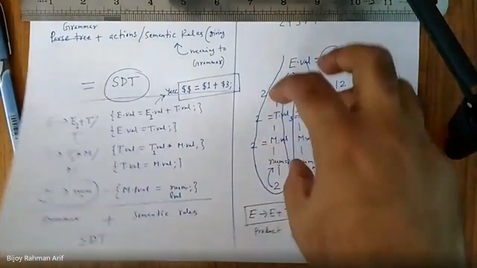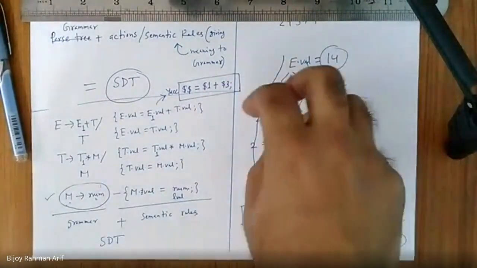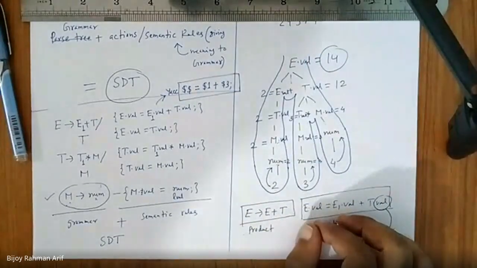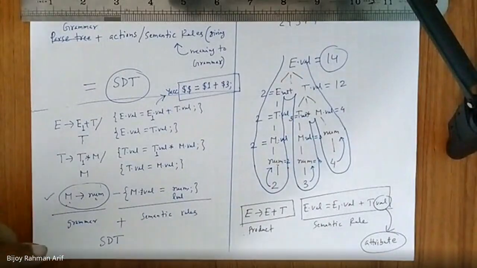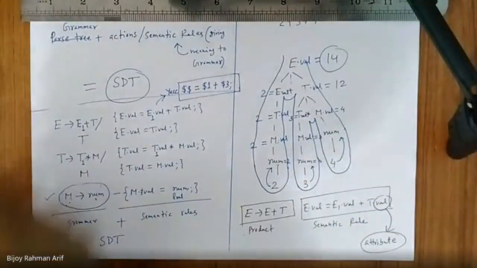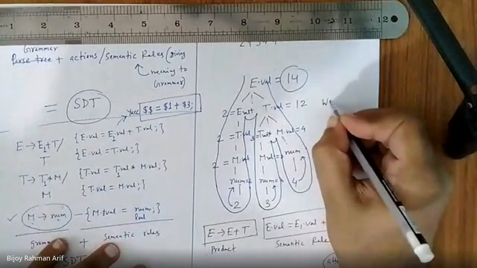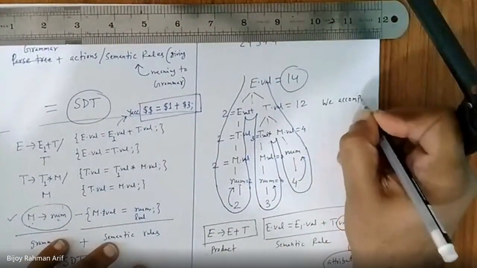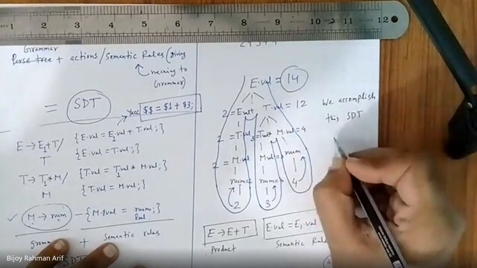Okay, so how did we accomplish this SDT actually? How can we accomplish this SDT, using top down or bottom up? Come on, bottom up. So we accomplish this SDT bottom upwards.